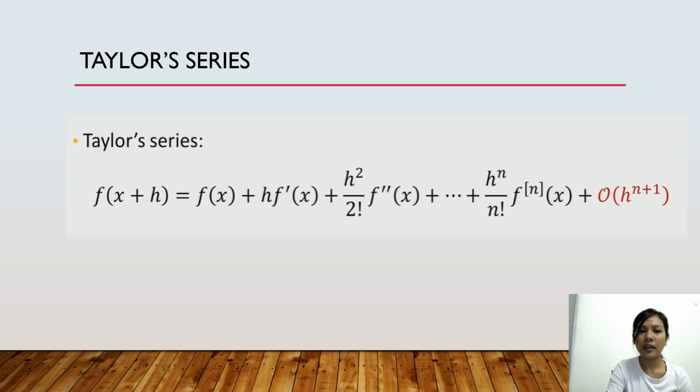Here x is any particular value that we take, h is the step size, and the dash and double dash represent the first derivative, second derivative, etc. The order of the error is h to the power n plus 1, where h is the step size and n is the number of terms that we take in a particular expression. That means the error introduced is equal to h to the power n plus 1.